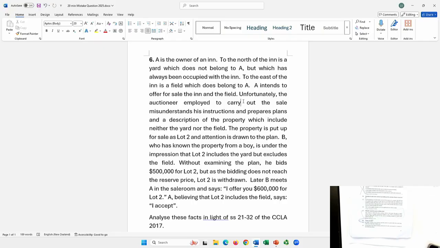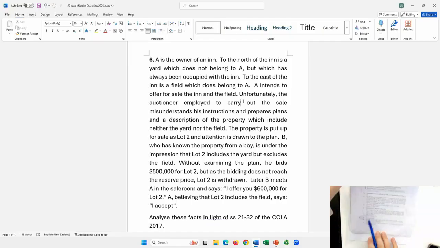This, I think, is less culpable than B, because A can always turn around and say, assuming he gave clear instructions, I gave clear instructions to the auctioneer, it's the auctioneer's fault, I'm entitled to rely on the expertise of the auctioneer to draw it up correctly, I shouldn't have to check it all the time, I'm not an expert, etc. But that is relevant, you need to identify it's relevant.